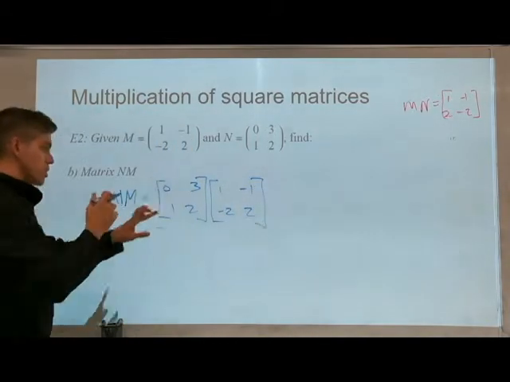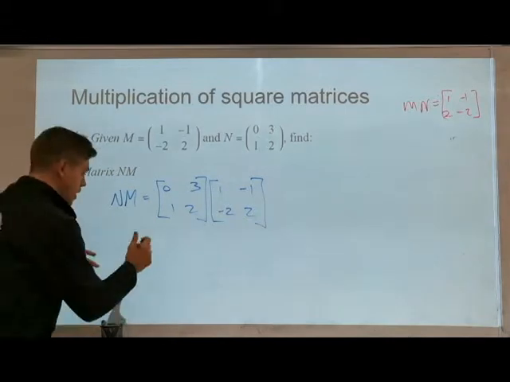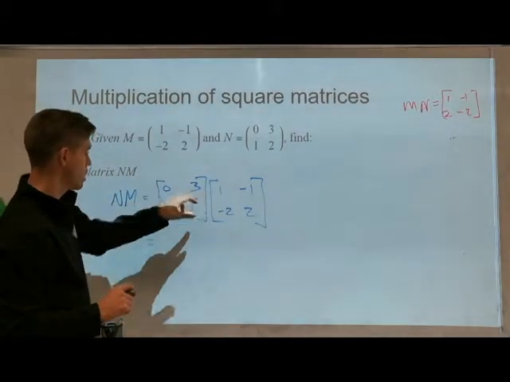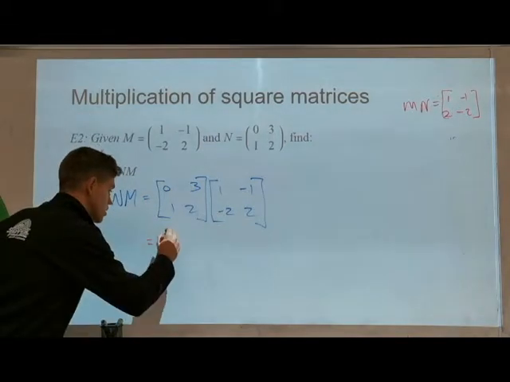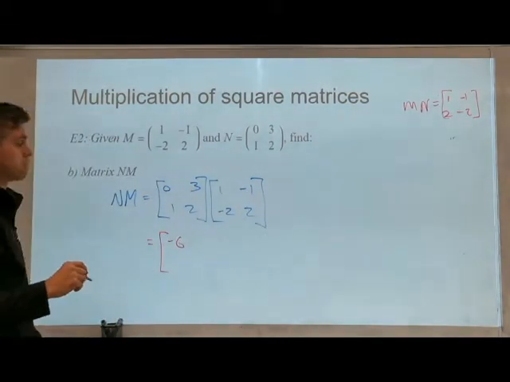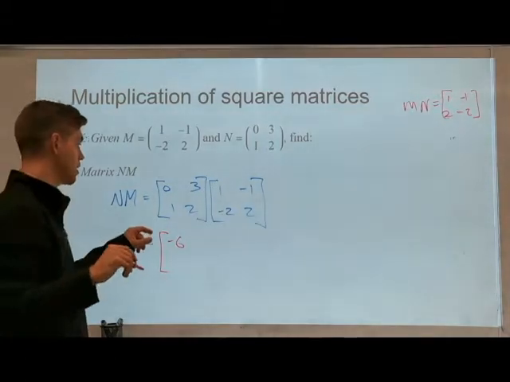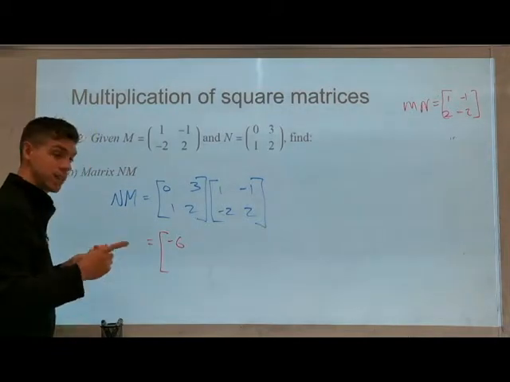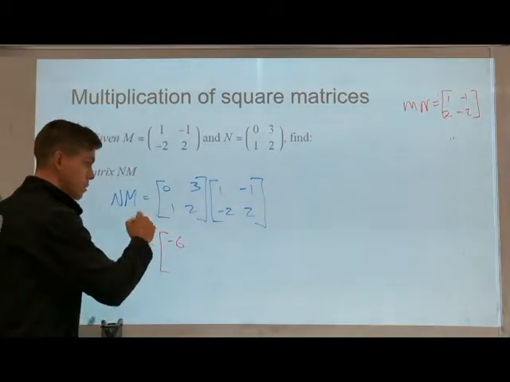So these are reversed. If we then step through the algorithm, 0 times 1, 0, plus 3 times negative 2, that's negative 6. We can already see that our first position, our top left entry, is different. So let's just go through and step through the rest.